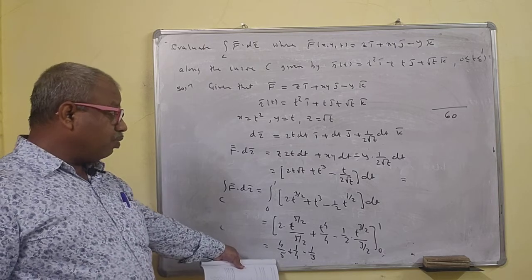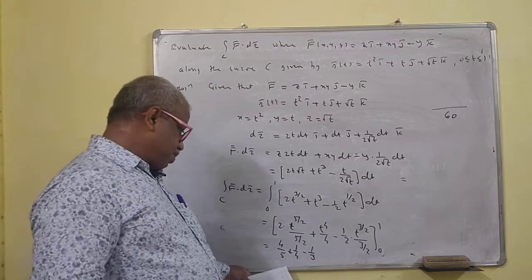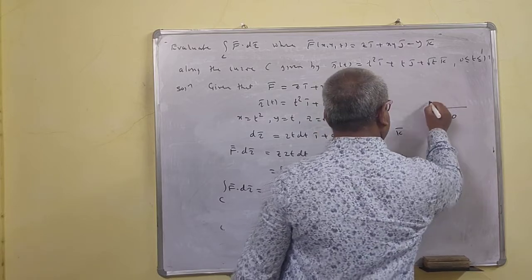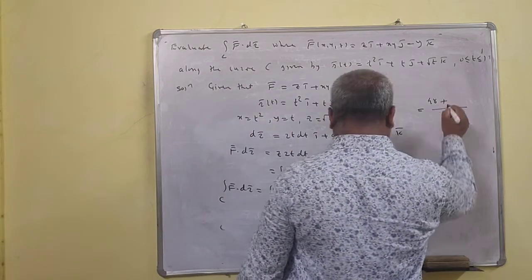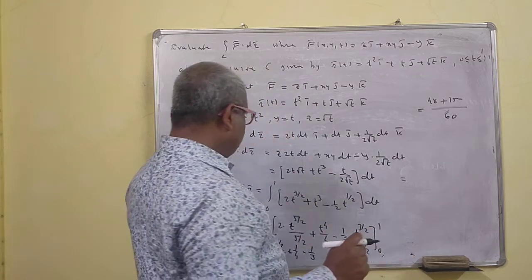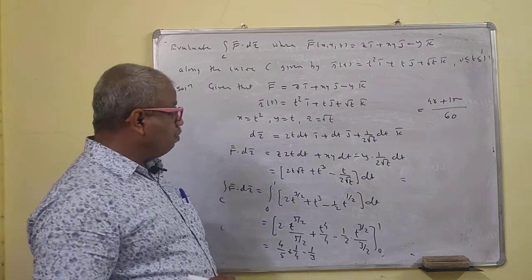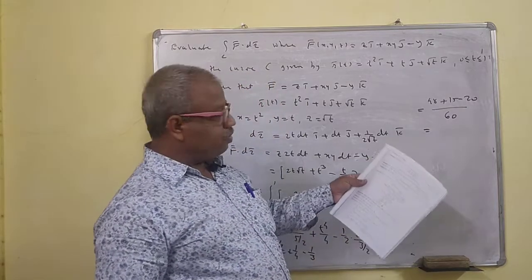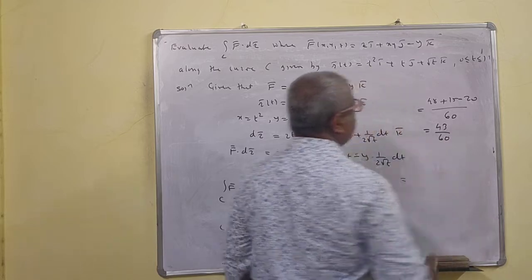So this is 48 plus 15 minus 20. This is 43 upon 60, which is the answer.